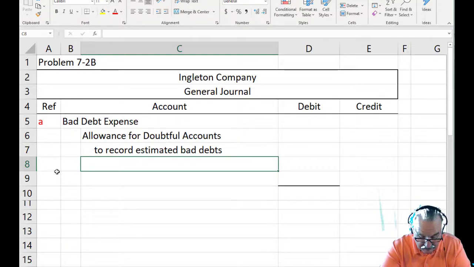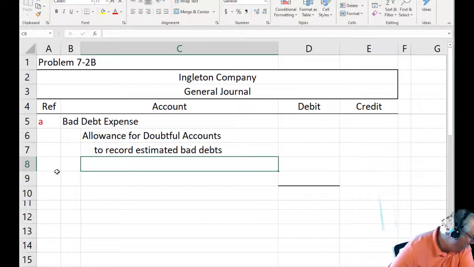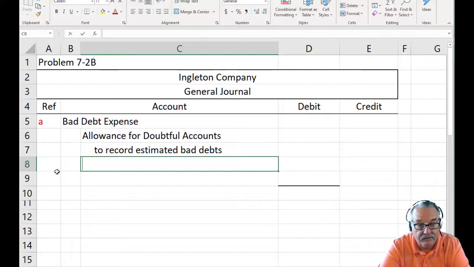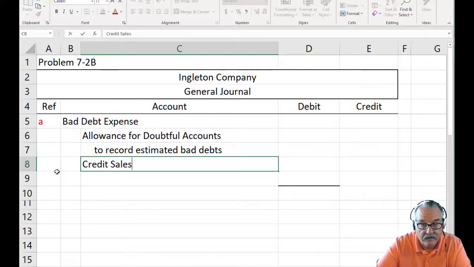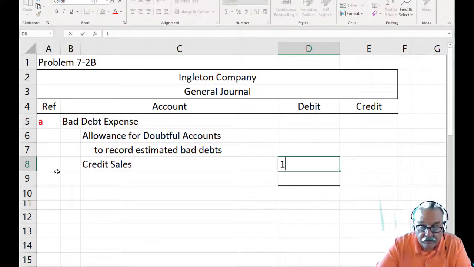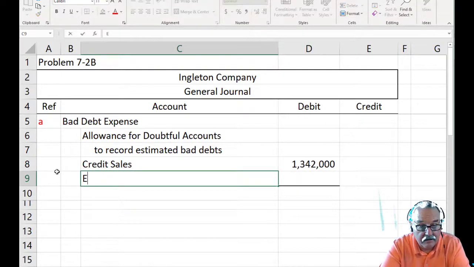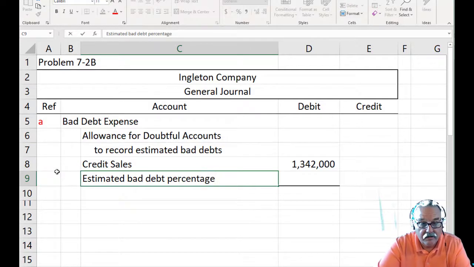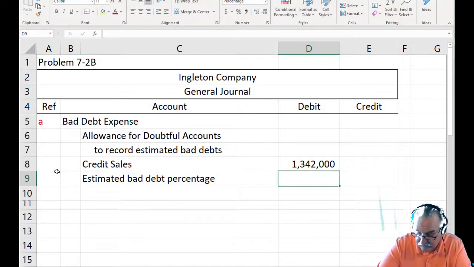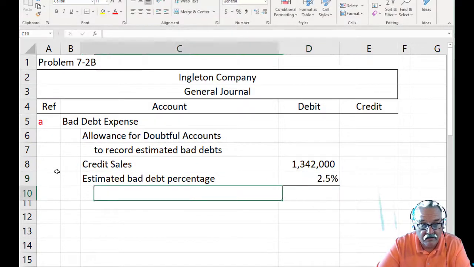So this is going to be based on credit sales. And credit sales is 1,342,000. And they estimate their bad debt percentage based on credit sales is 2.5%.